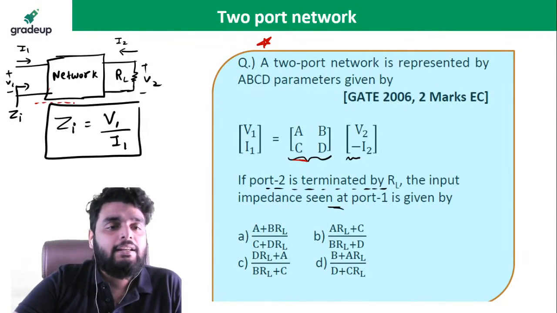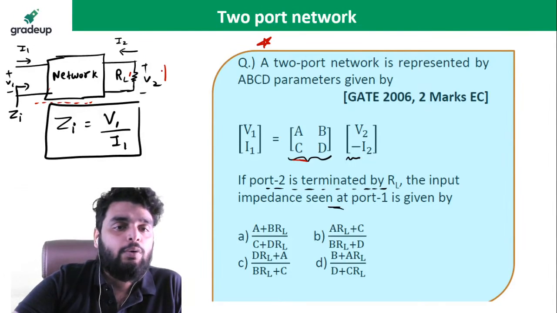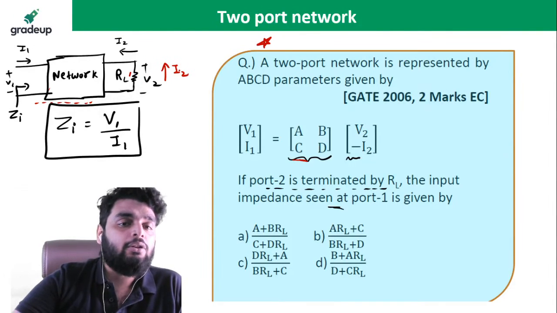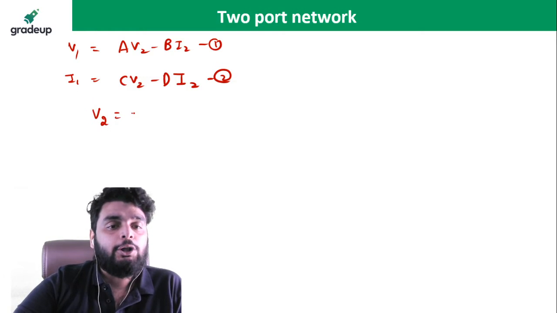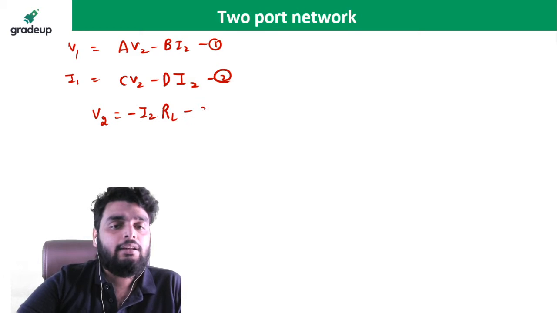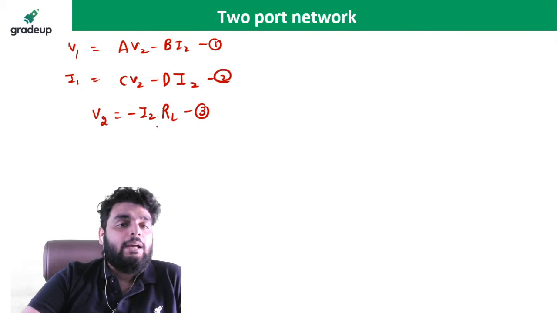Very carefully, I2 is going in this direction, so because of I2 the polarity is plus minus, opposite to the polarity of V2. So the equation will be V2 is equal to minus I2 times RL. This is the third equation.